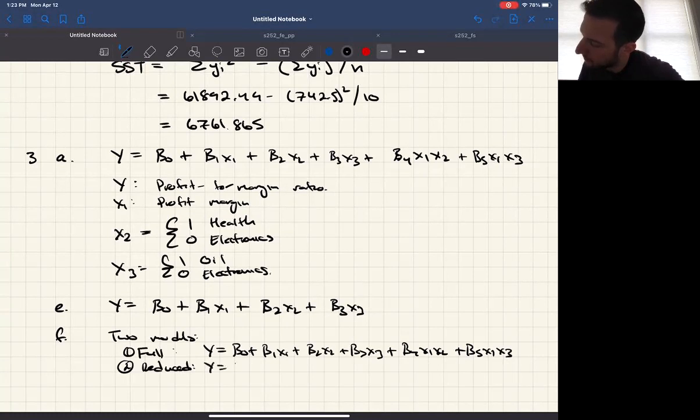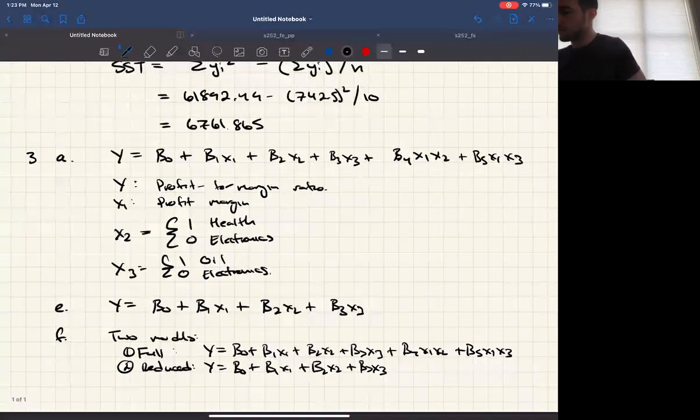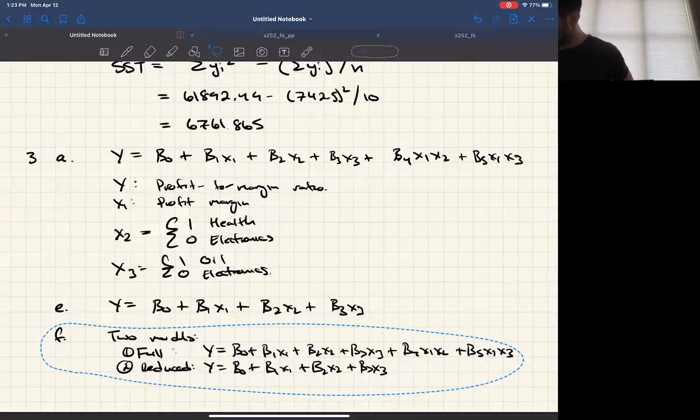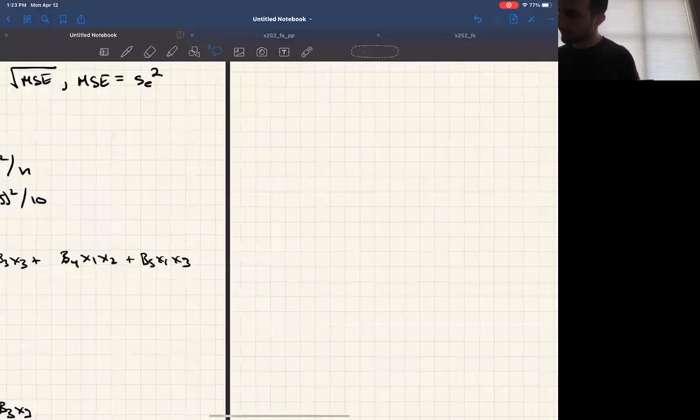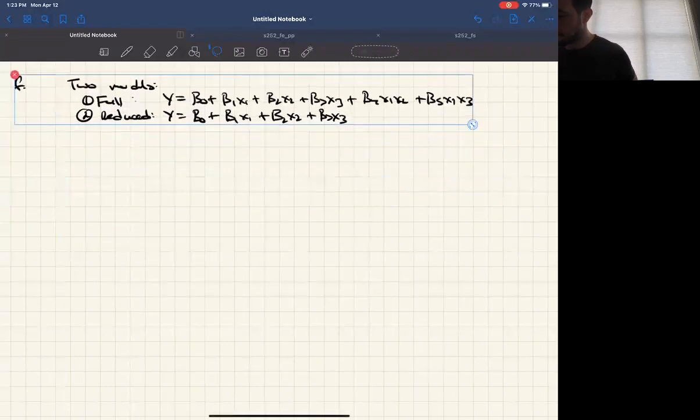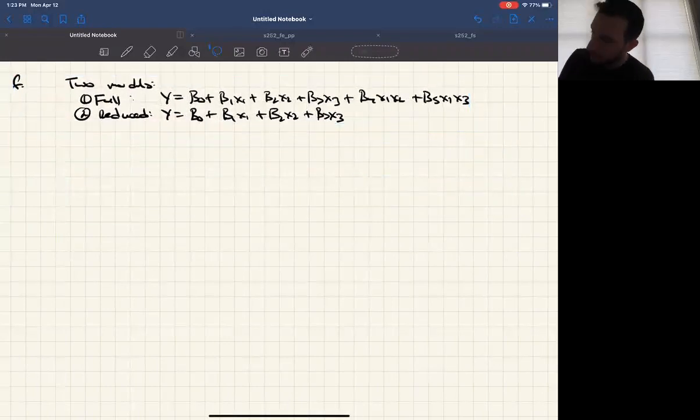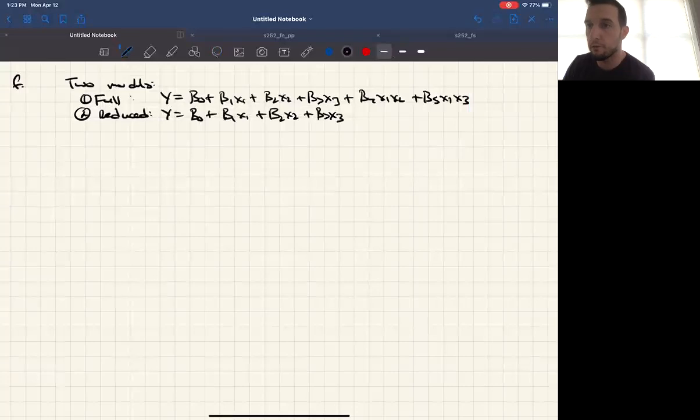And the reduced model is the model without interaction terms. All right. I'm just going to move this over. Okay, so we want to run an extra sum of squares F test to compare the two models.